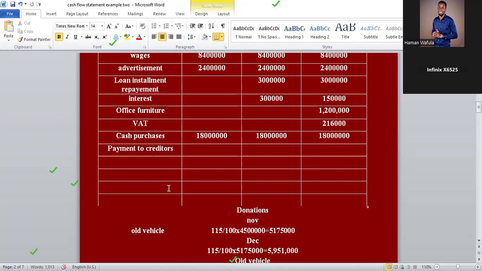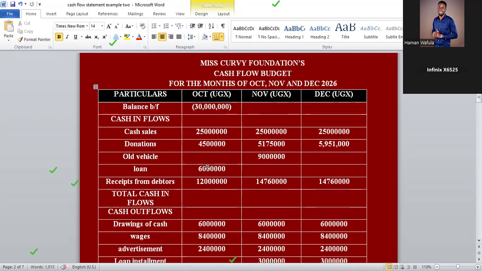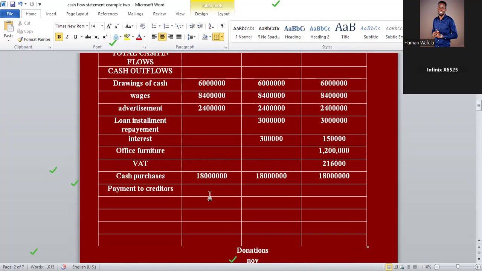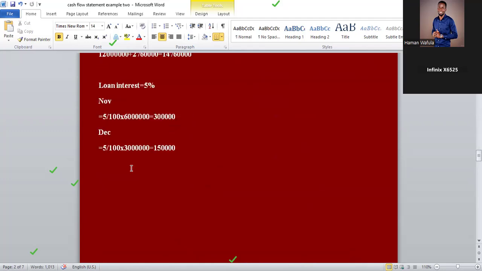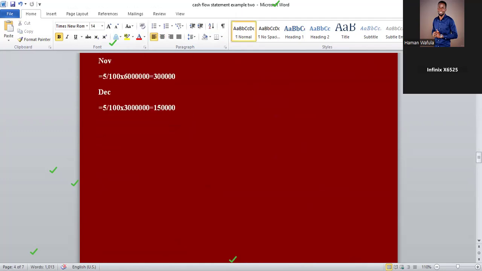Then, when it lends out goods to people and it is paid, we call it receipts from debtors. So here, it borrowed goods worth 10 million, then it paid back within 3 weeks. It is like paid back within that very month, less a discount of 7%. So we shall come and calculate our 7% here. In creditors is going to be 10 million. So you get 7%, you subtract it from 100%, osigazawo 93%.